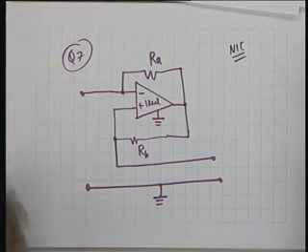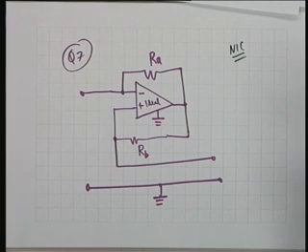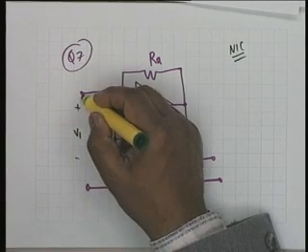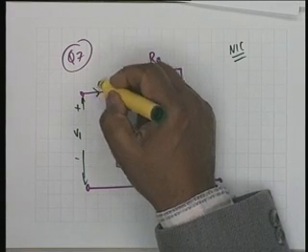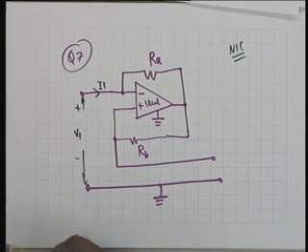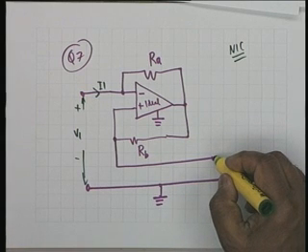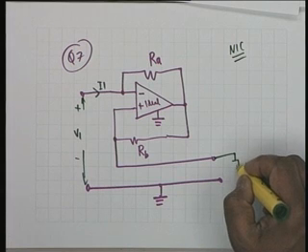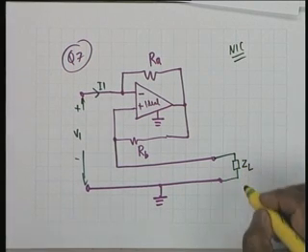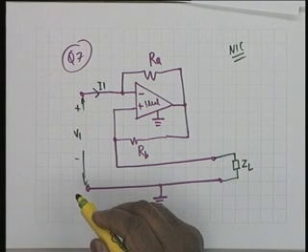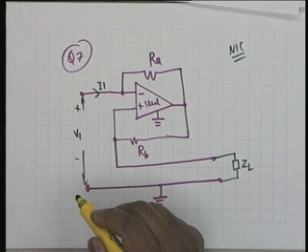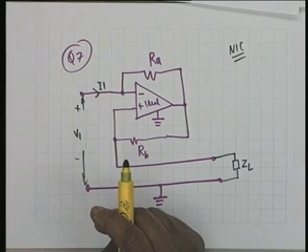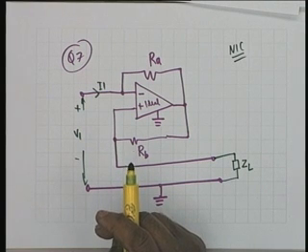The solution is extremely simple. What you have to do is assume this is the port V1 and this current is I1. You have to show that if port number 2 is terminated in, let us say, some impedance ZL, then V1 by I1, that is the input impedance, can be equal to minus ZL or it can be proportional to minus ZL.